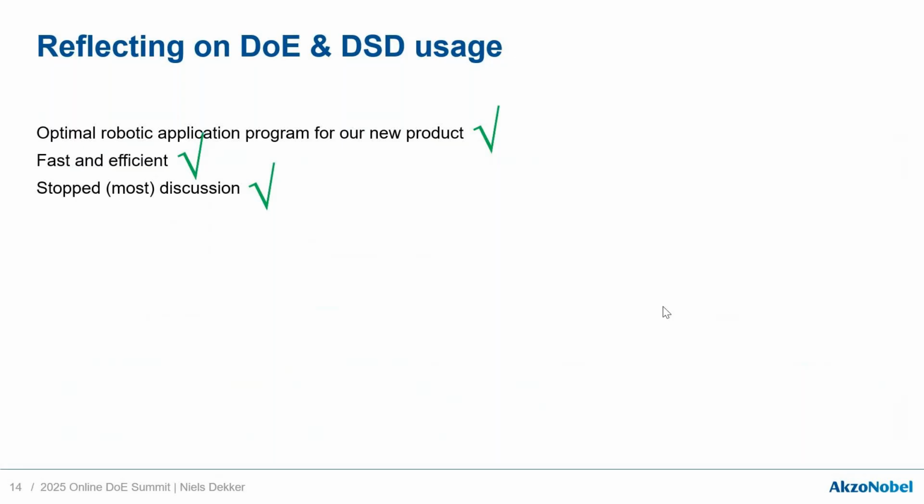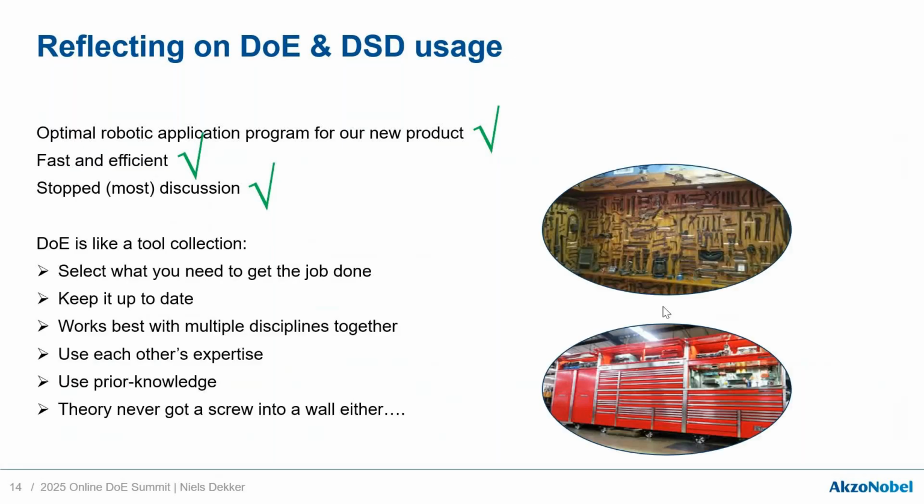And so what I want to give, based on what I was saying, is that you need to look at DOE more like a collection of tools, like the craftsmanship tools that you see on the right, and you select what you need to get the job done. It's not always the same tool from the DOE box. You select what you need.